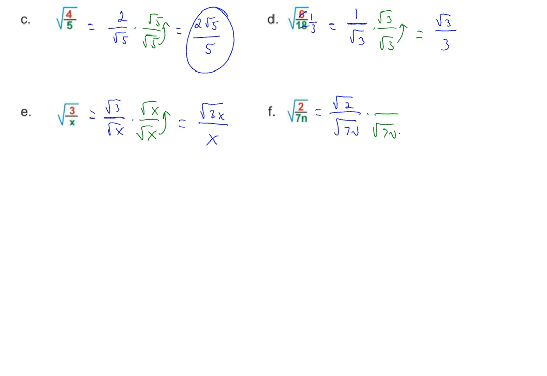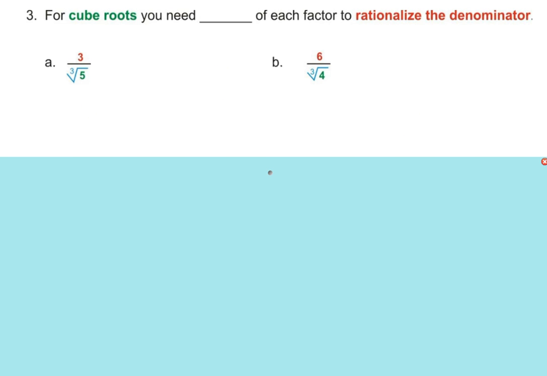That's correct, right? We need one more 7, we need one more n. The square root of 7n times the square root of 7n is 7n. And our radicand ends up with the square root of 14n, right? And remember, can you reduce this 7 in the bottom with the 14 in the top? No, because the 14 in the top is underneath the radical sign, right? It's tied to that radical sign. Anything outside, yes. Anything inside, no.